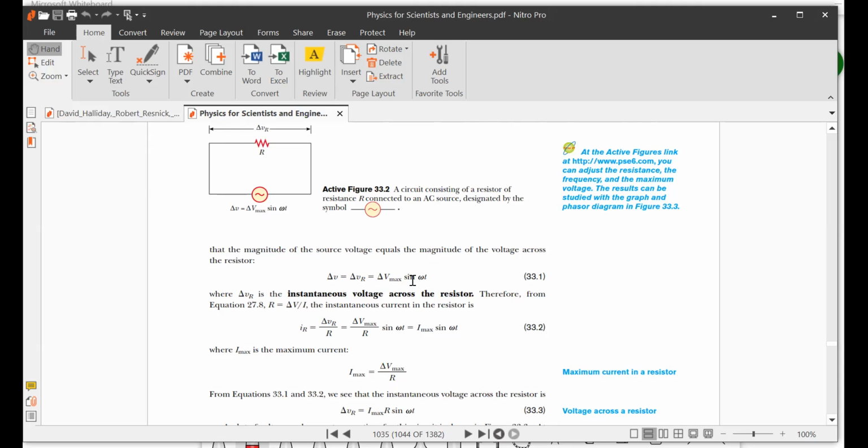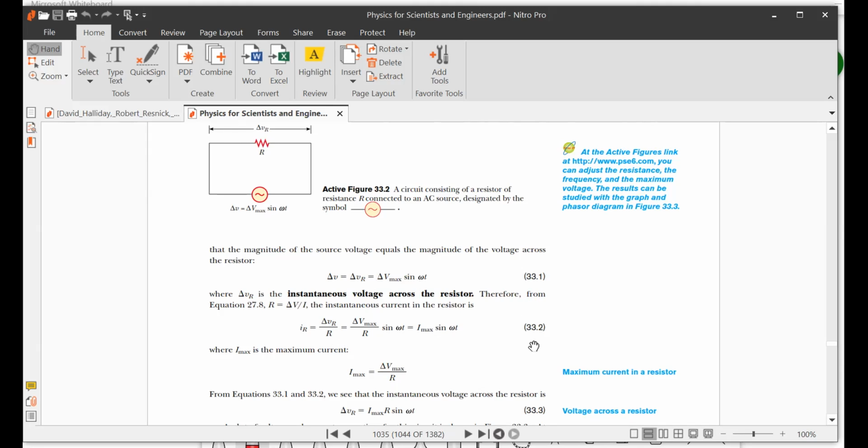So the current IR should be delta VR over R. So we have here the current that flows through the resistor is equal to I max sin omega t.